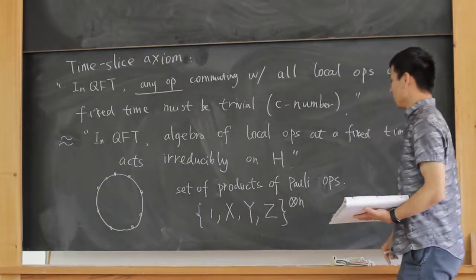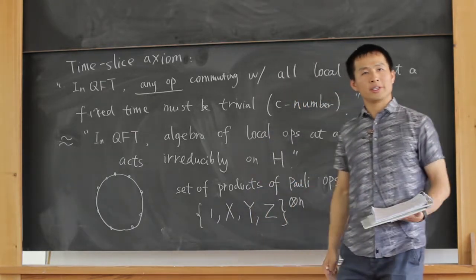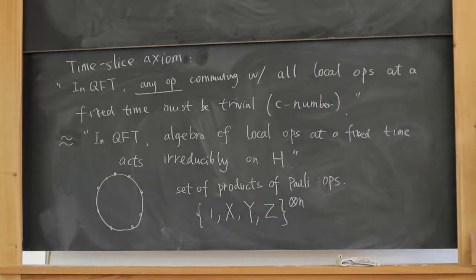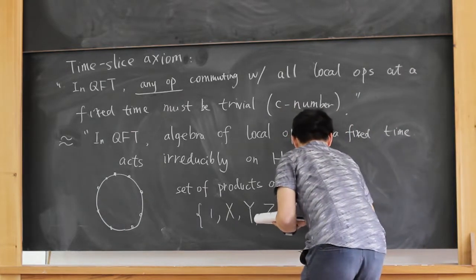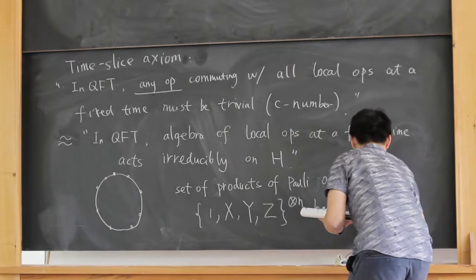So this is the analog of the algebra of local operators, because the local operators in this case are simply the identity and Pauli operators. So the statement is that this set of products of Pauli operators forms a basis for all operators on the Hilbert space H.